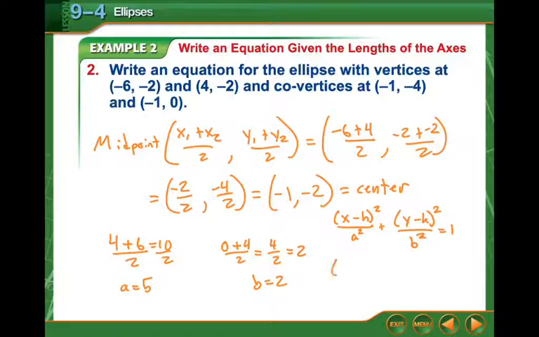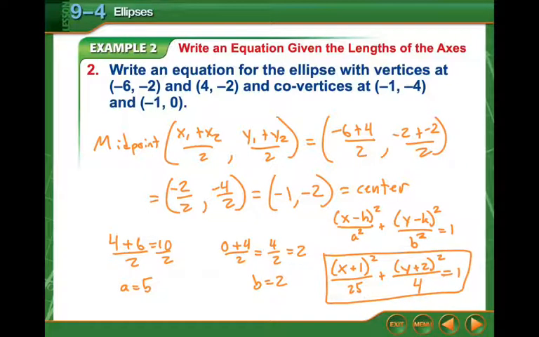So x minus our h is negative 1, so instead of minus, this will be plus. And our a was 5, so 5 squared is 25. y minus negative 2, so it's plus as well. And 2 squared is 4. So there is our equation.